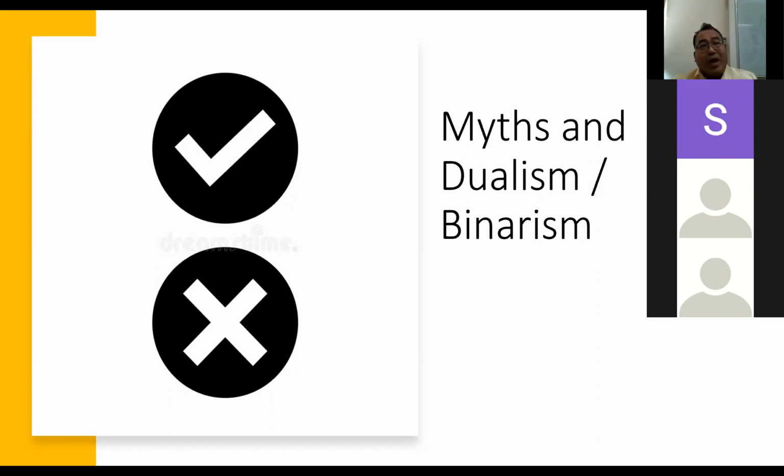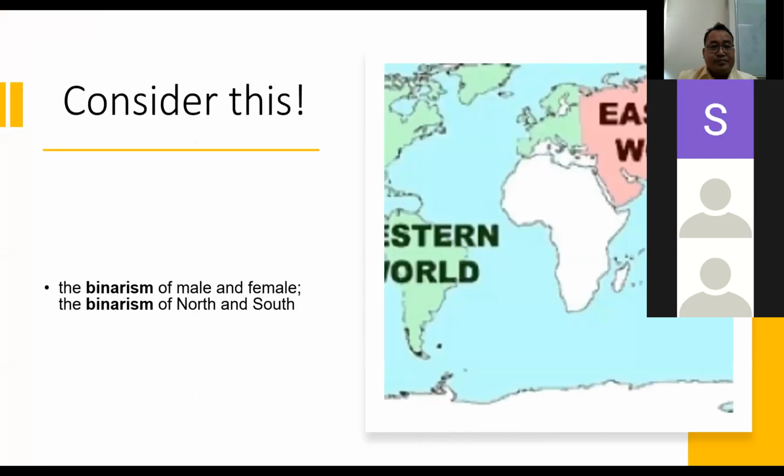These are the myths in making. We are creating the myths, the story that we are telling ourselves. The West and the East, they and us, they are so and so, we are so and so.